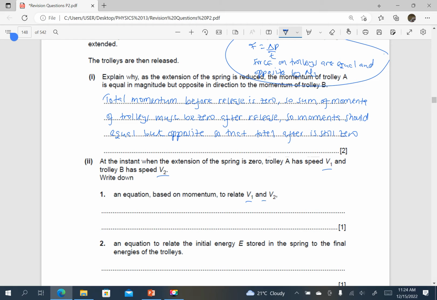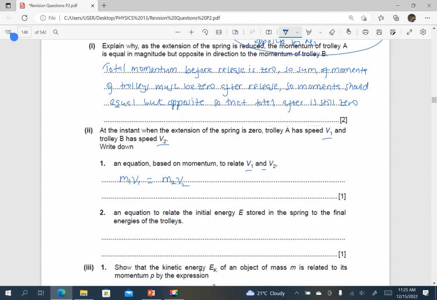So m1 v1 is going to be equal to m2 v2 by conservation of momentum, because when the extension is 0, the total momentum must always be conserved, and the momenta are equal but in opposite directions. So m1 v1 should be equal to m2 v2.